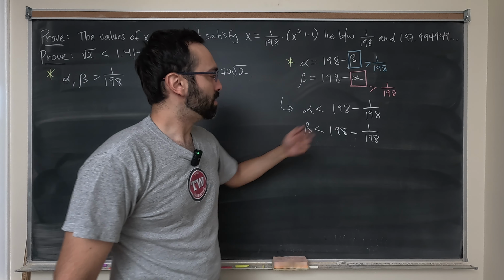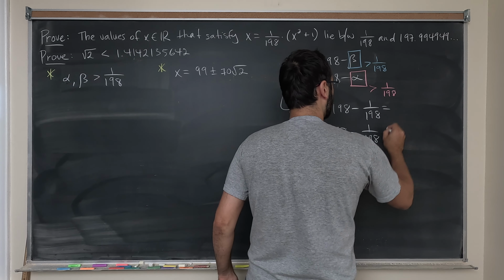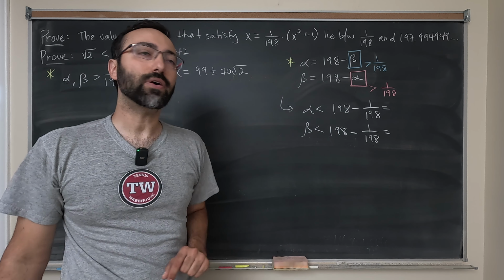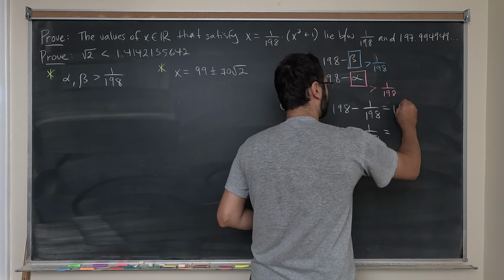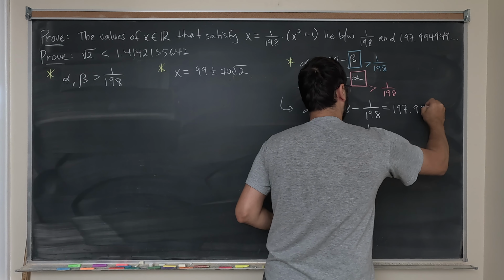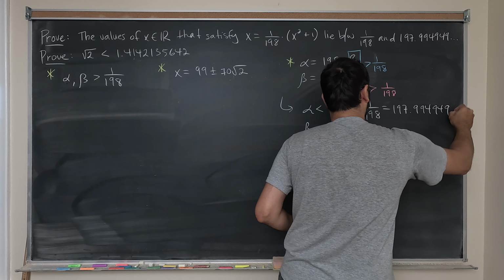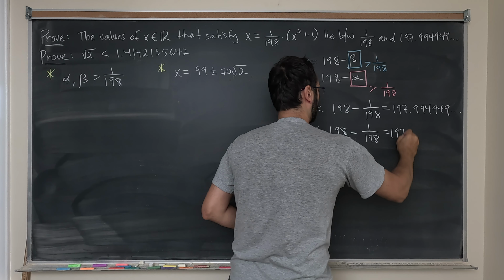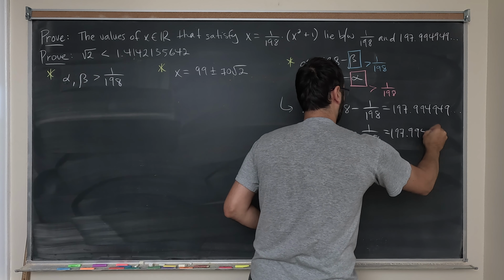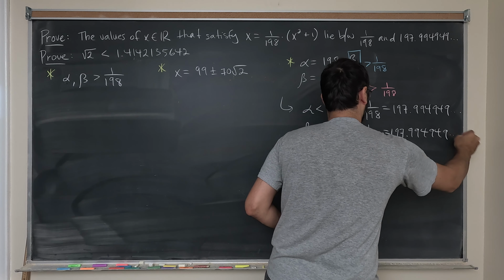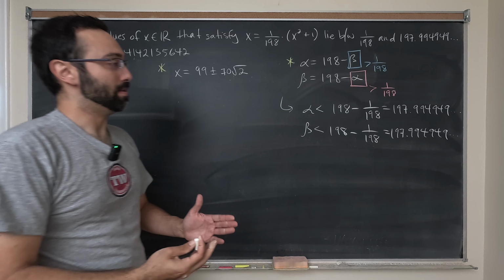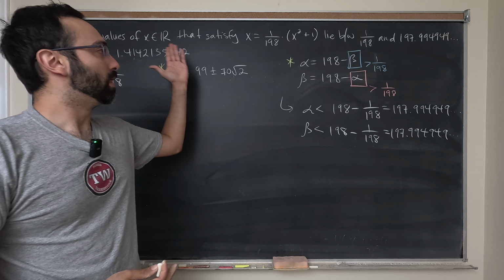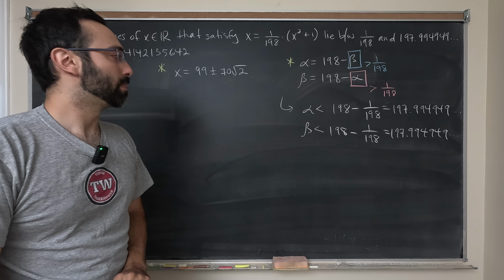But this and this are each precisely, if you use a calculator, this value right here. And so now we see that we have obtained the second part of our proof above.